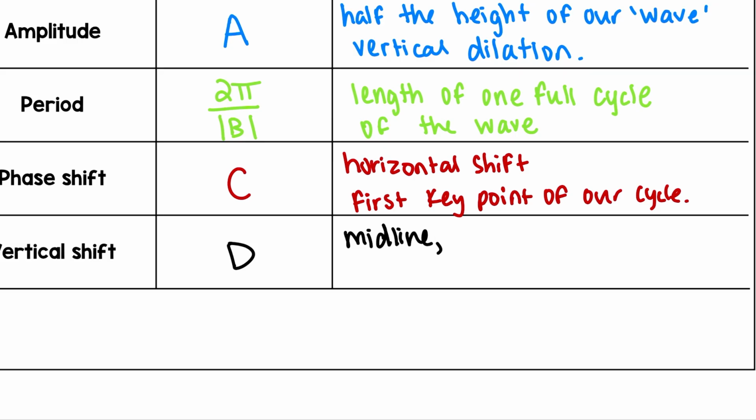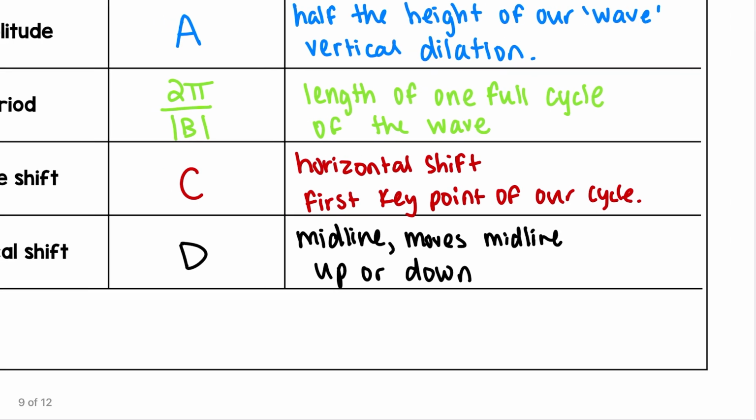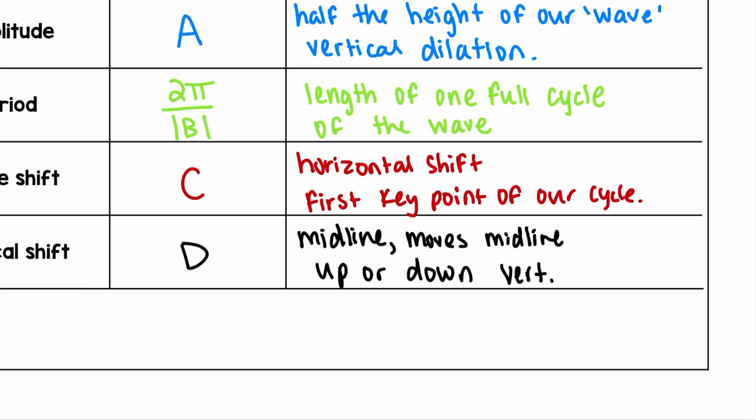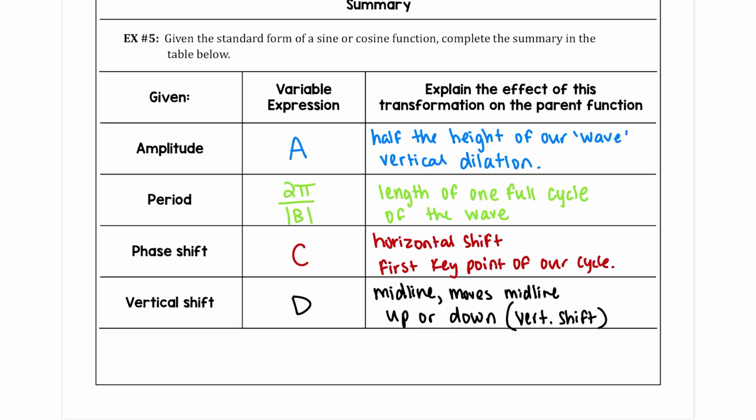And it moves the x-axis up or down. I mean, not x-axis actually. It just moves our midline up or down. So this one's our vertical shift. Alright, cool. So that's our summary.